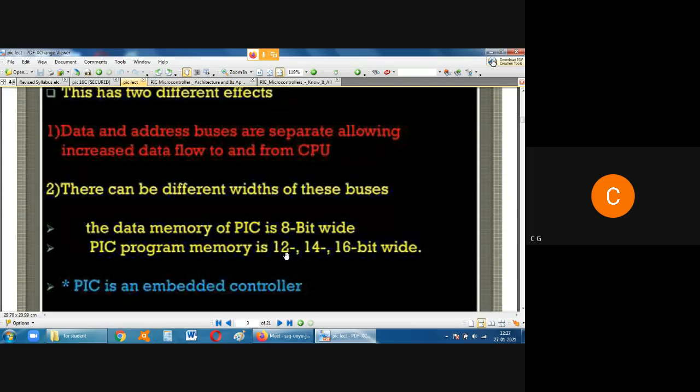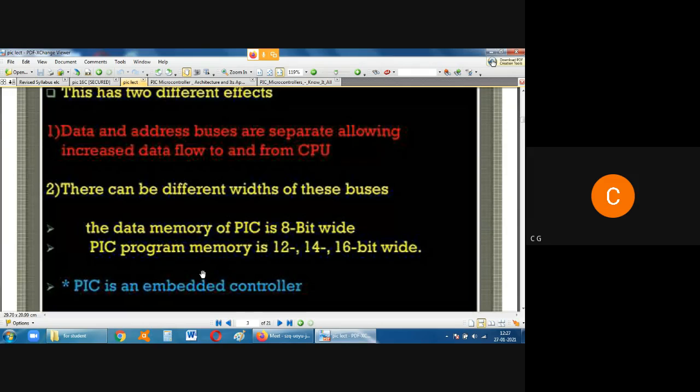In some cases, half of the memory is permanently utilized by the microcontroller for storing calculated things, program and all these things, and it is not user accessible. Only a small part of the memory is user accessible, but the entire memory is 8 bit wide only.